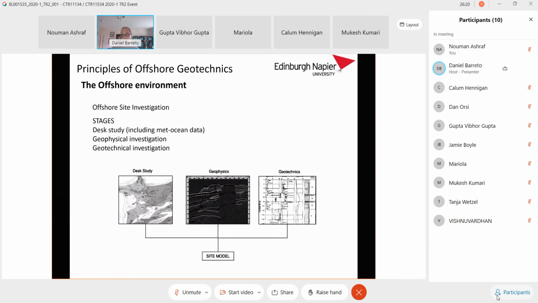What you will then normally do, having an idea of what to expect, is send offshore, as part of the site investigation, some form of vessel or ship that will simultaneously do a geophysical investigation and a geotechnical investigation. The geophysical investigation is mainly to give you an idea of the stratigraphy of the area in a very quick manner and over a large area.